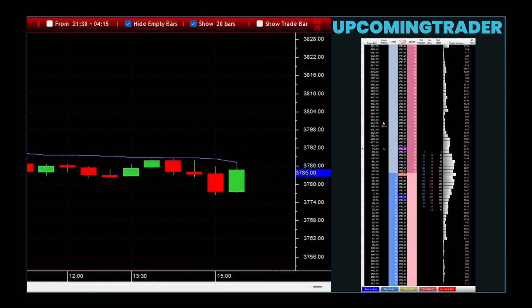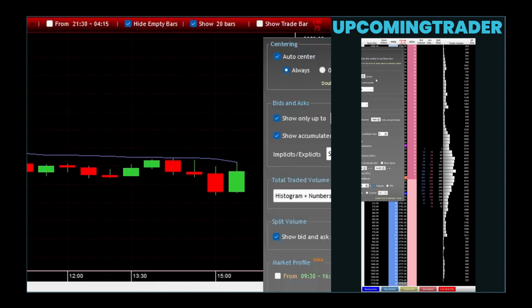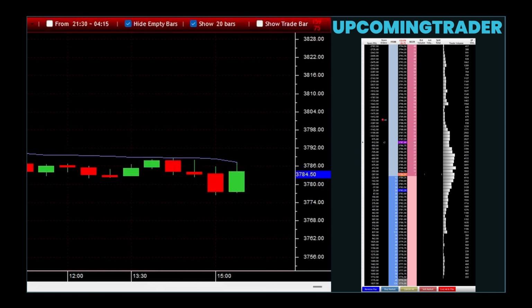A gravestone doji that forms near a known resistance level adds credibility to the potential reversal. In essence, the gravestone doji at the top of an uptrend prompts traders to watch for subsequent bearish movements. By combining this candlestick pattern with other technical analysis tools, traders can better gauge the market sentiment and adjust their strategies accordingly.